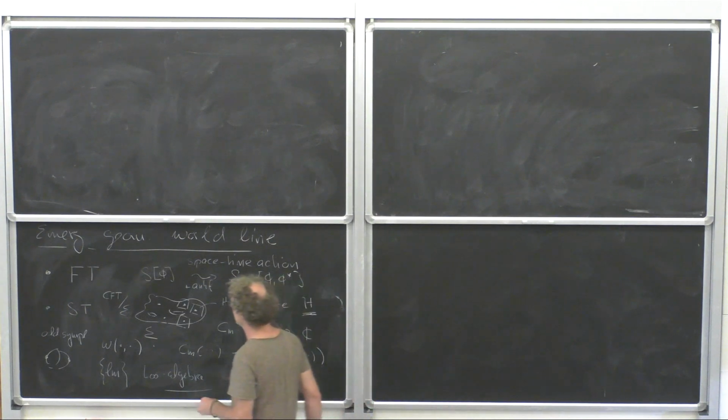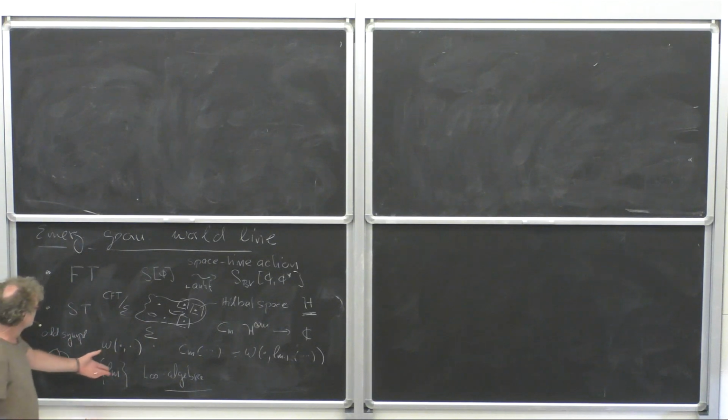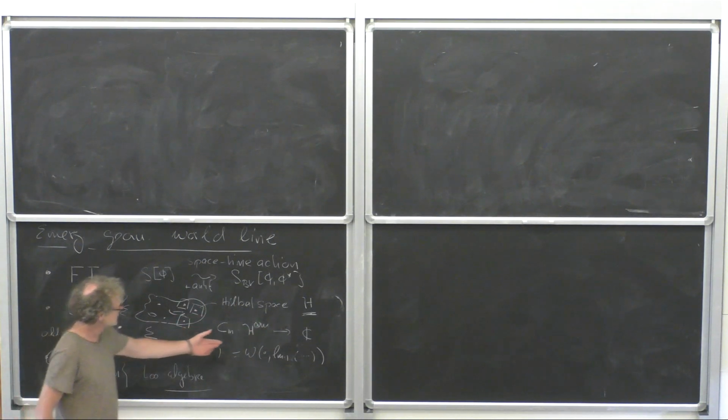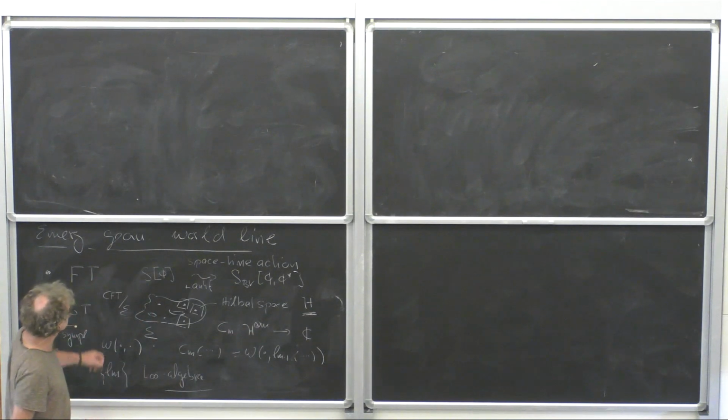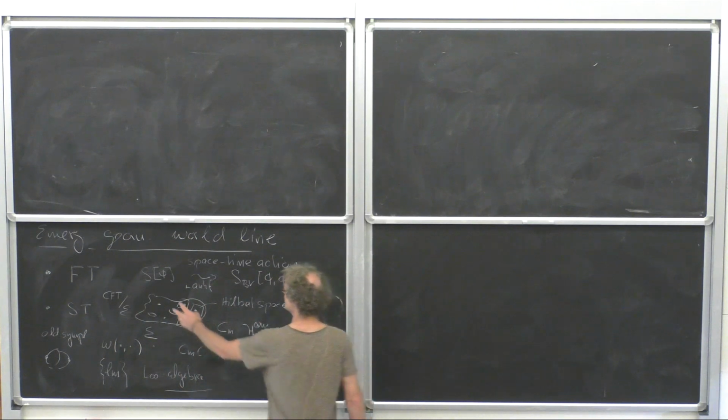I still haven't said how this is related to some space-time action. At the moment I just have some vector spaces and some maps from these vector spaces into the complex numbers or between these vector spaces. So how do I relate this to a space-time action?